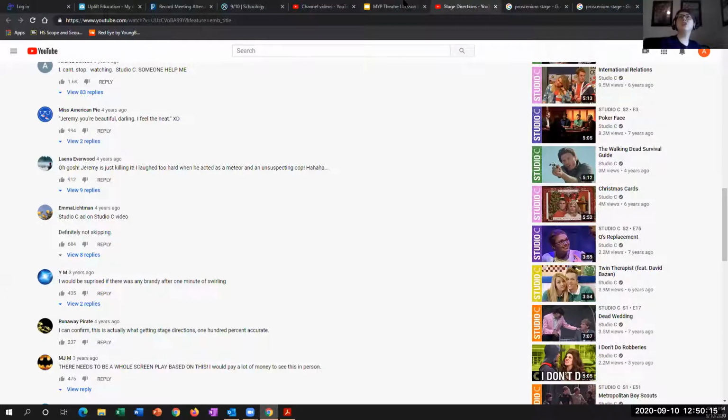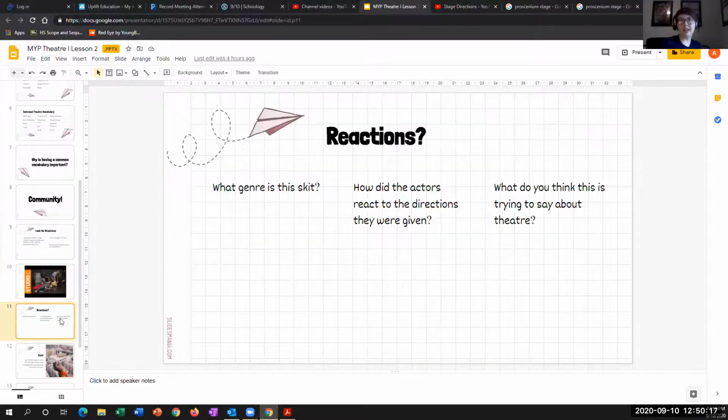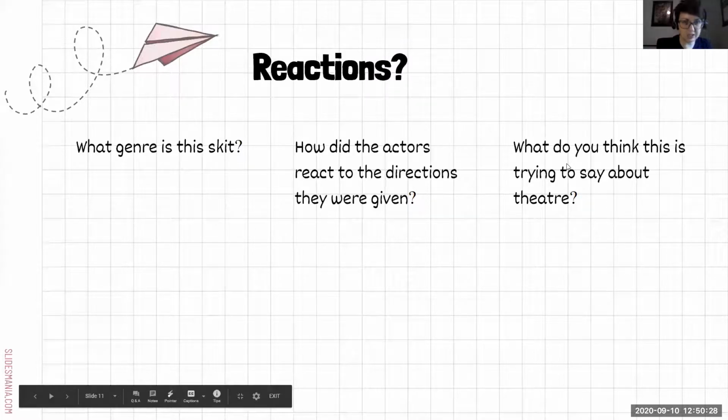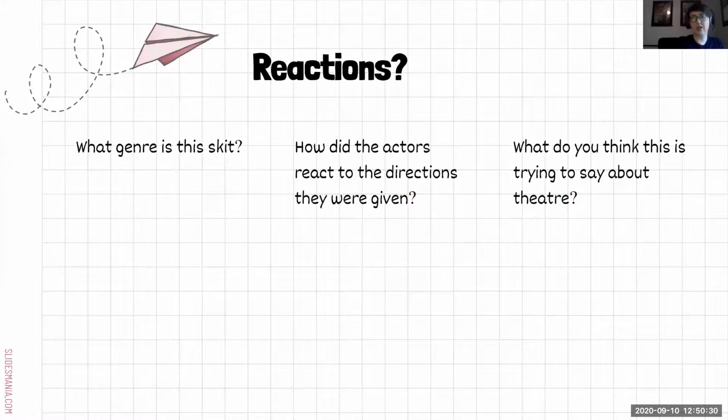So they're obviously playing it up, taking it to the extreme, but they're commenting on how some directors work, where they give you stage directions and they're not really listening to actor input, right? Now, obviously not all directors are like that, but there are some who do, or just the play itself is so wackadoodle, right?